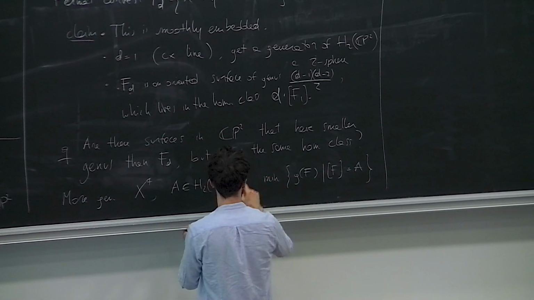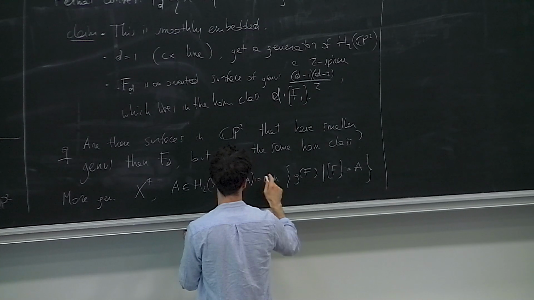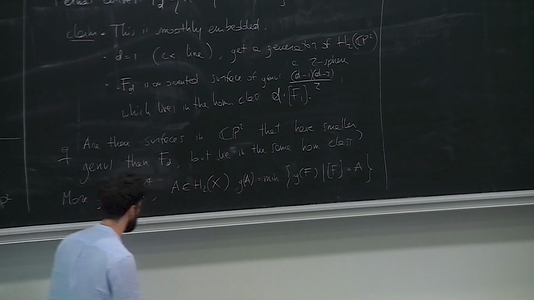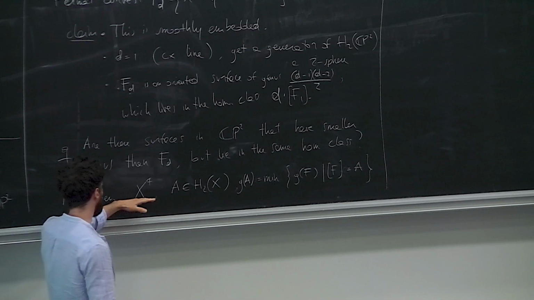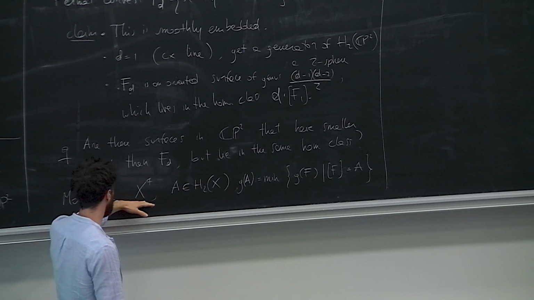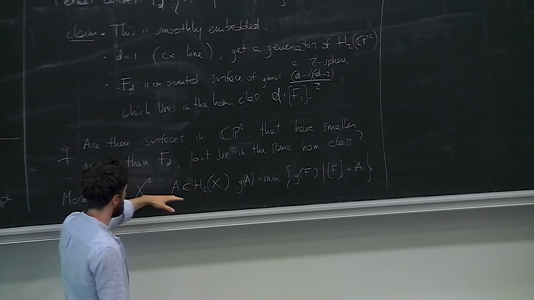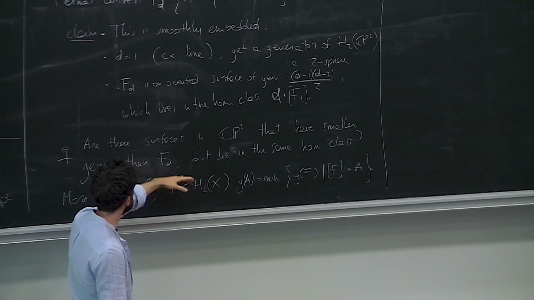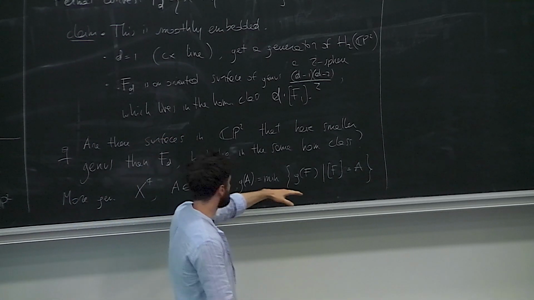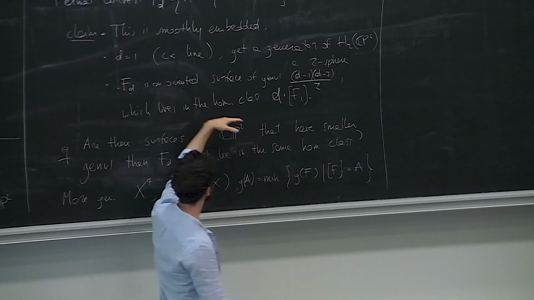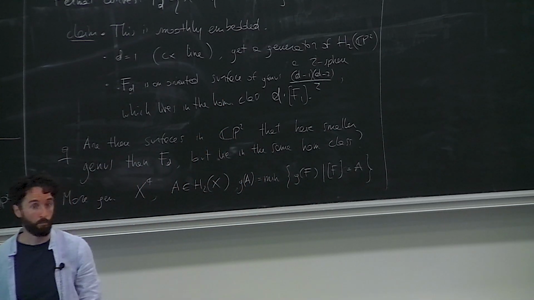And I call this the genus of the class A. And the question is, if I pick X to be CP2, and if I pick A to be some positive multiple of F_1, is the minimal genus attained by a complex surface?